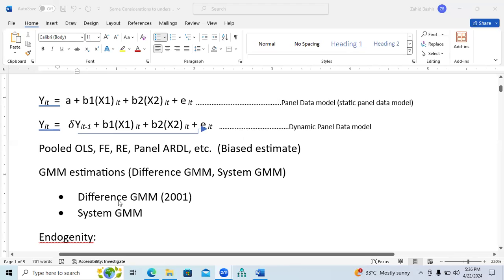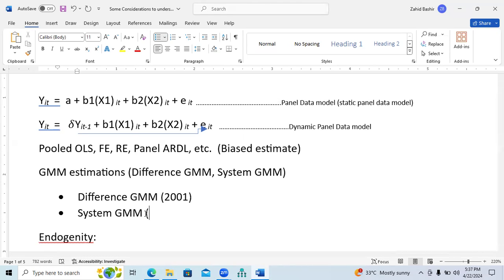I was discussing that the difference GMM technique was introduced in 2001, and the system GMM technique was introduced in 2005. It was basically introduced in 2003, but it was included in Stata software in 2005.